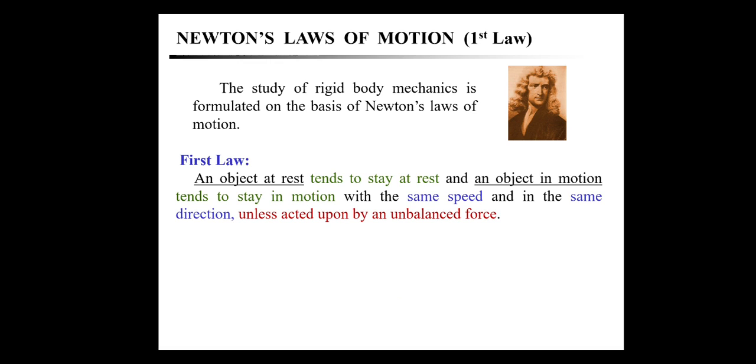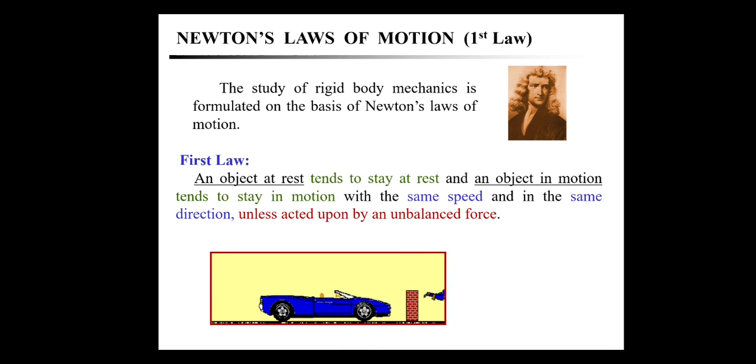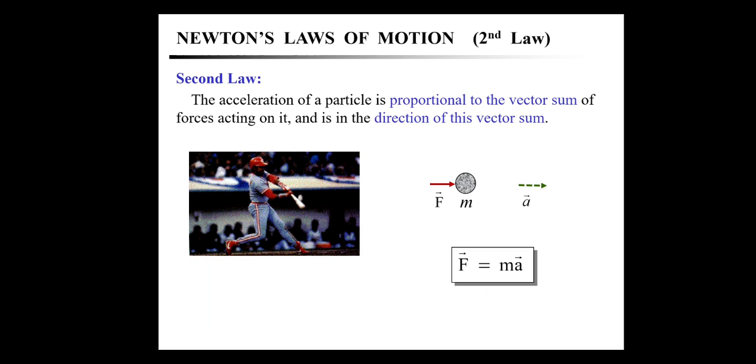Newton's laws of motion. First law: an object at rest tends to stay at rest, and an object in motion tends to stay in motion with the same speed unless acted upon by an unbalanced force. That is, summation of F is equal to 0.